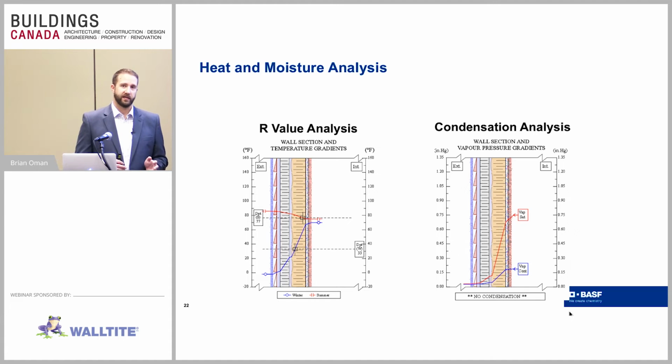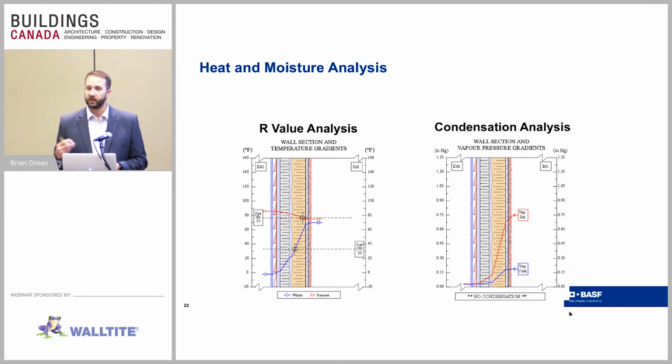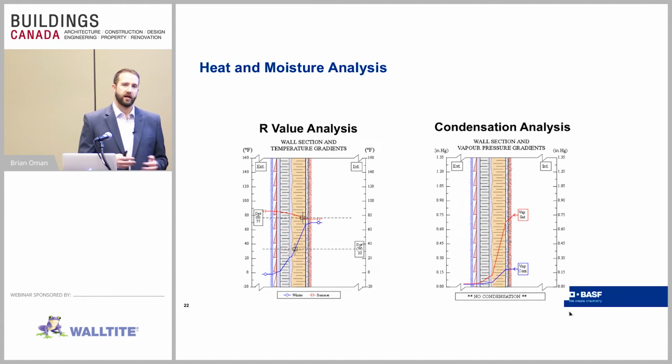The other side to it is the moisture. The building science aspect of doing an energy retrofit on an existing building is extremely important. We don't want to do something to this building envelope that's going to potentially cause damage to it down the road.